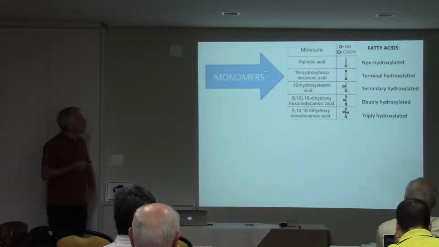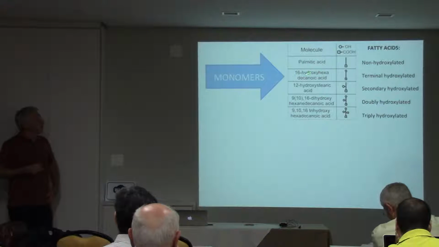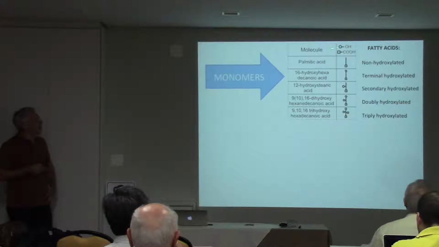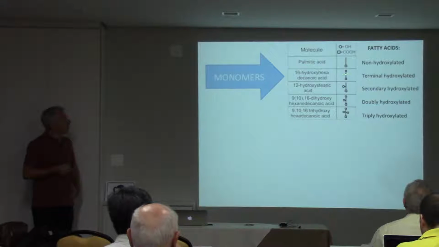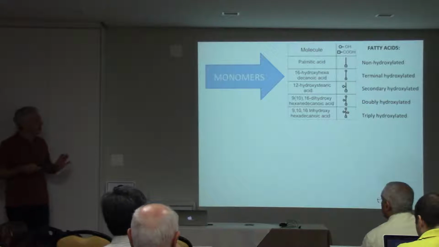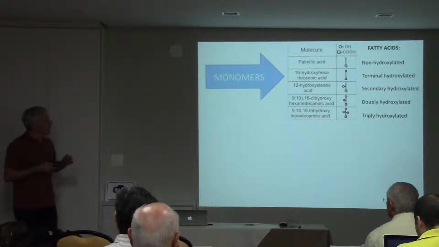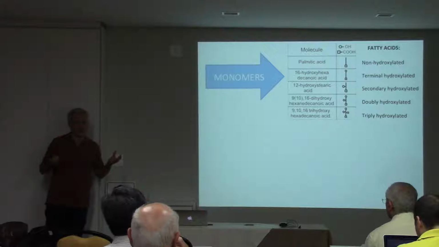Just reminding the monomers that we have considered in this study, including one of them which is palmitic acid, which doesn't have a hydroxy group, and all the others have a specific hydroxy group in strategic positions. We have examined the position of this hydroxy group to understand its role in the process.